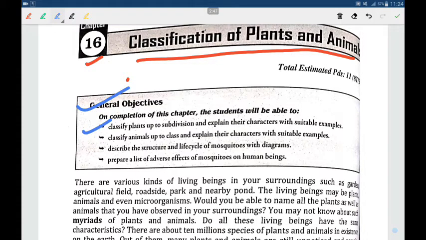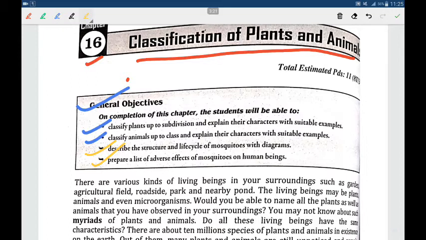You will be able to classify plants up to subclass with their characters and suitable examples, and explain their characters. Describe the structure and life cycle of mosquitoes with diagrams and prepare a list of adverse effects of mosquitoes on human beings.